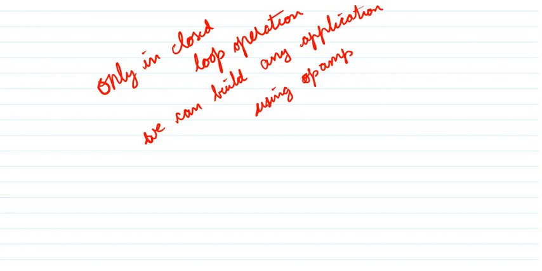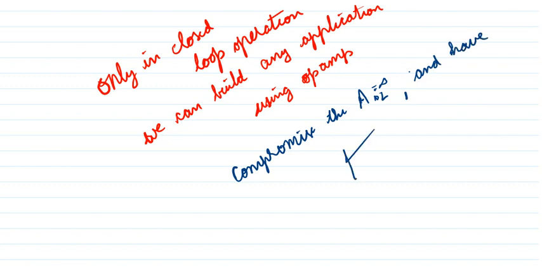Okay. So in closed loop mode, what we are going to do is compromise the AOL equal to infinite and have a finite closed loop gain.